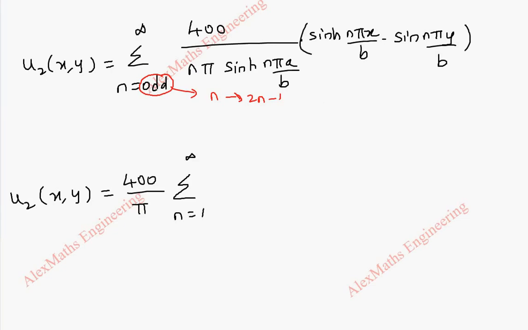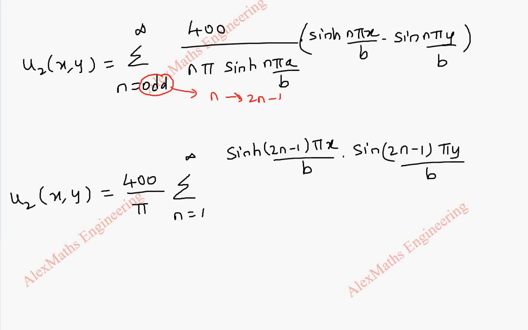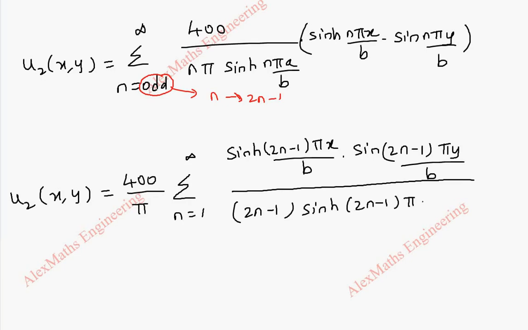In numerator we have this term, that is sin h 2n minus 1 into pi x by b into sin 2n minus 1 into pi y by b, then whole division by 2n minus 1 into sin h 2n minus 1 into pi a by b. This is the second part of the solution.